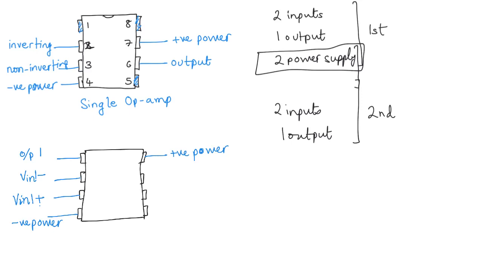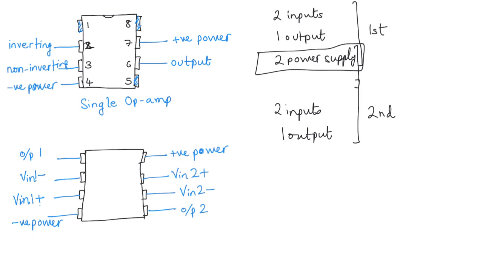And on the other side, you could have this as output 2, this as V in 2 minus, and this as V in 2 plus. So this is the non-inverting input, and this is the inverting input. And notice that I have said V in 2 plus, and because I have put this in, there is less probability of confusion with the positive power supply.